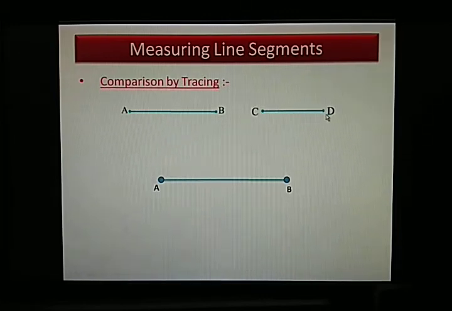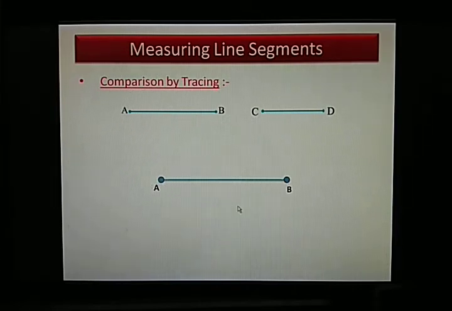As we can see, it is very visible with the help of a tracing paper. Then we place that traced line segment over, or superimpose, just above the line segment AB.